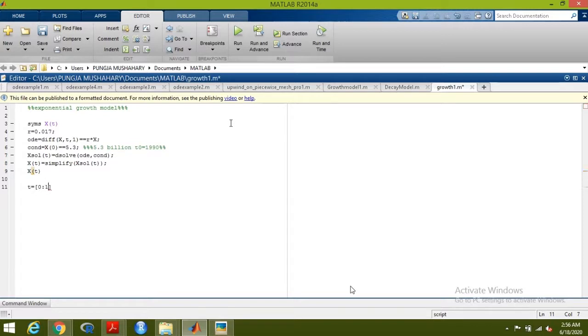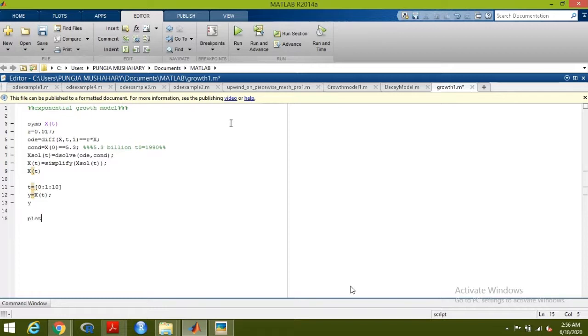First of all, let us increase with 1 year, that means 1990, 1991. So let us take up to 10. Okay, that's it. Take xt here. You got this.